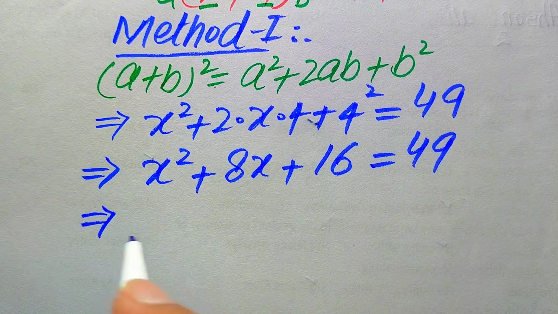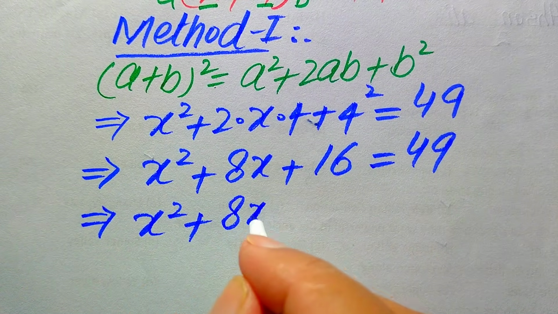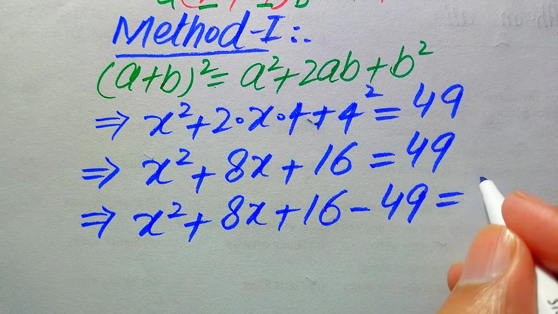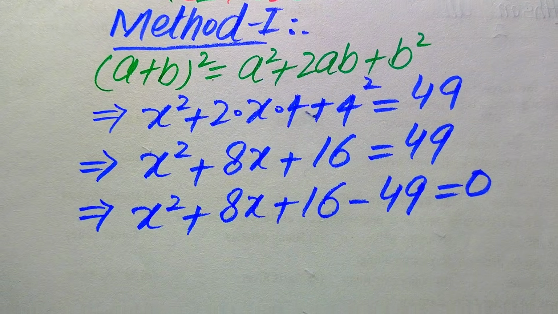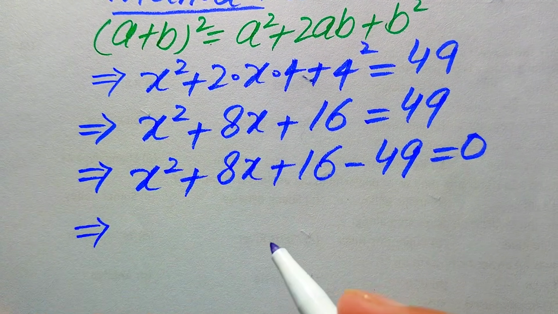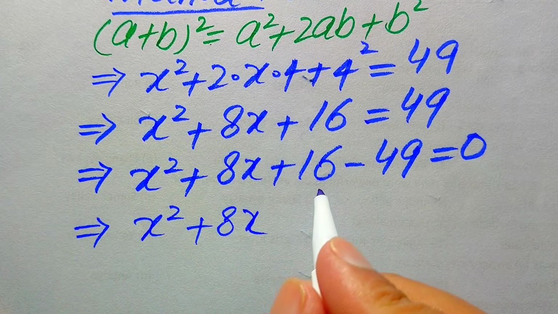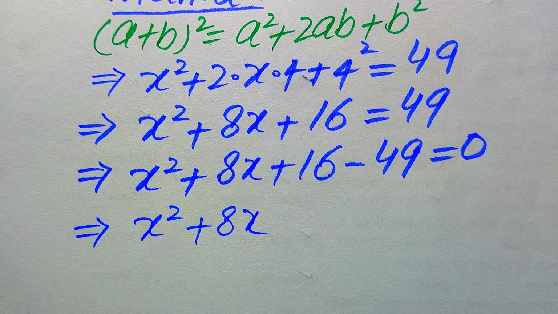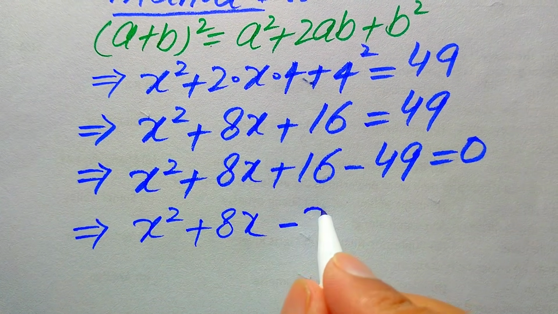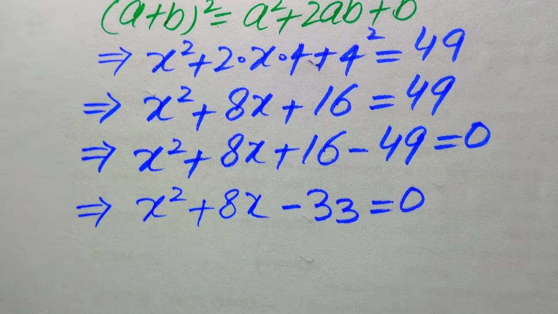In the next step we move the term 49 to the left hand side, and we get x² + 8x + 16 − 49 = 0. Simplifying further, we have x² + 8x, and 16 − 49 gives −33, and this whole equation equals 0.